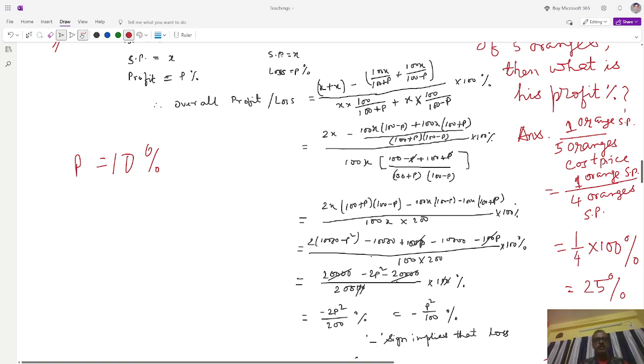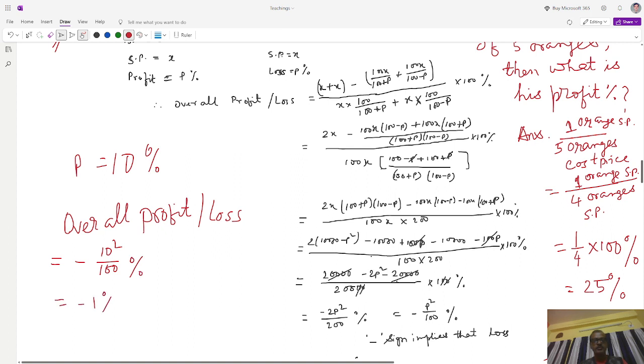The overall profit or loss will be equal to minus P square, that is 10 square divided by 100%, equals minus 1%.